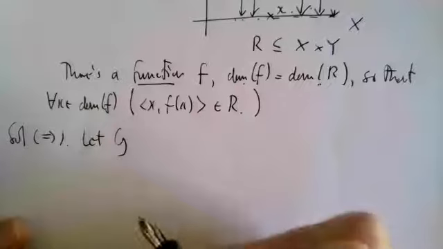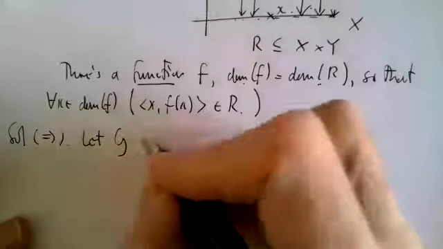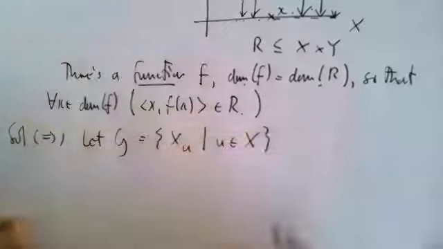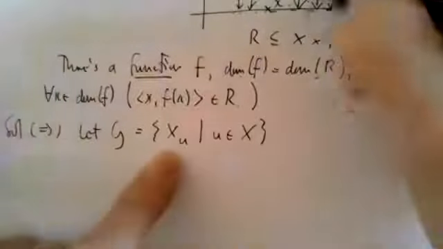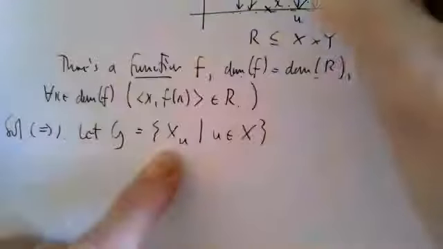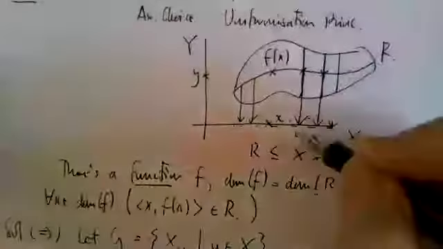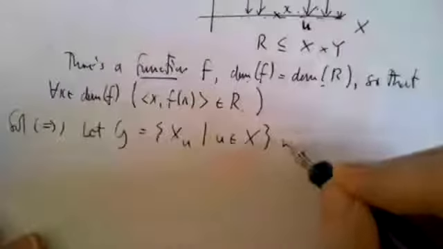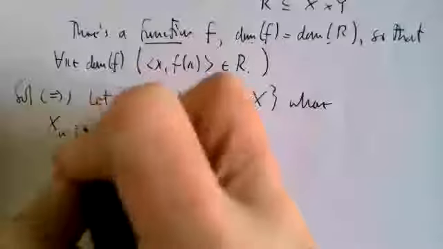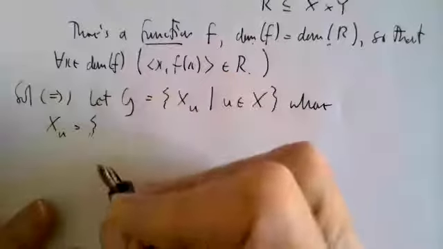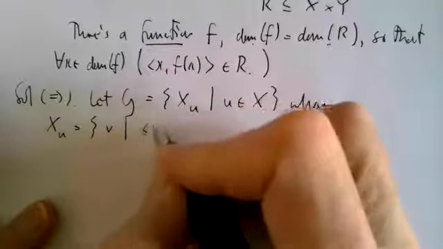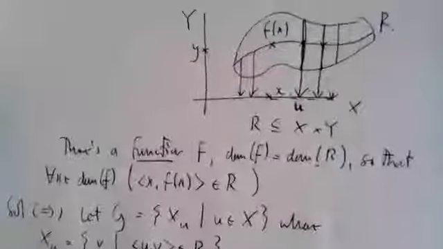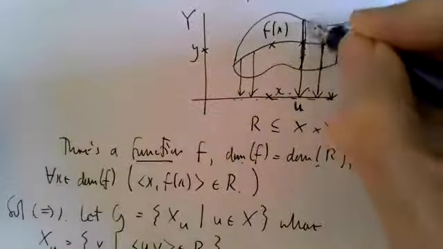So I need a family of sets, non-empty sets. So for a U here, this will be XU. This is the set of V's such that U and V are in R. So for a U here, these are the V's.